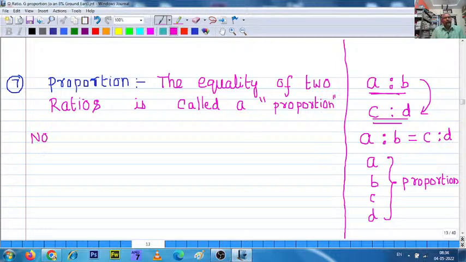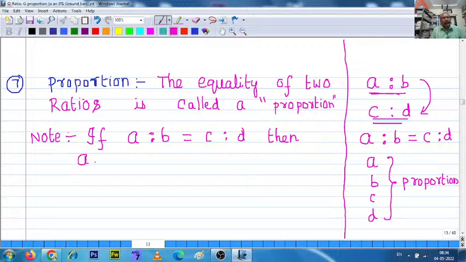Now the important note: suppose A is to B is equal to C is to D, then we can say A, B, C, D are said to be in proportion.